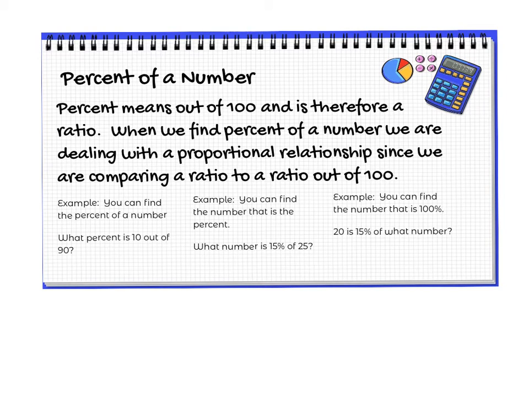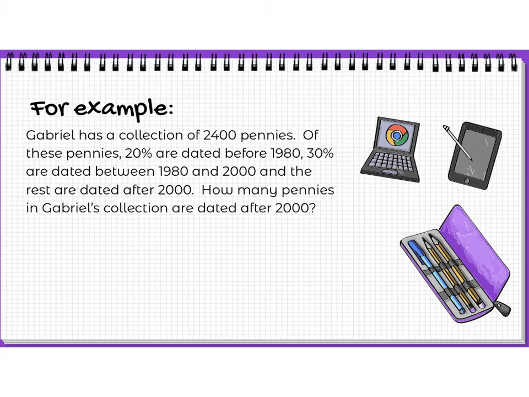Or maybe someone's raising money and they have raised $200 and they say we're 25% of our goal. And if I wanted to know what their goal had been, I would use the '20 is 15% of what number' type. Okay, let's look at an example.